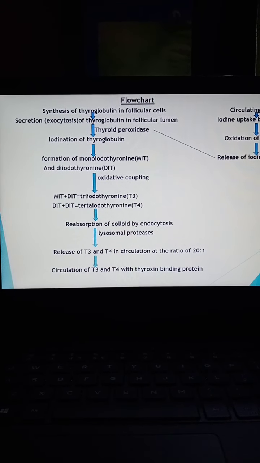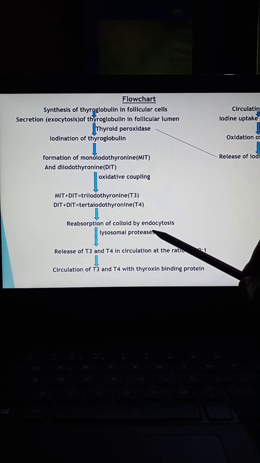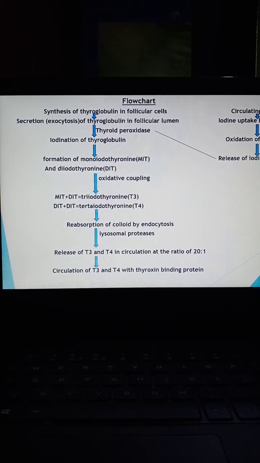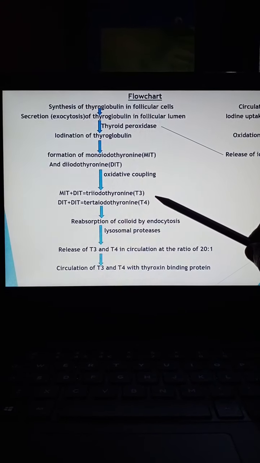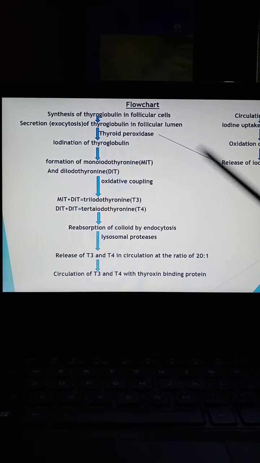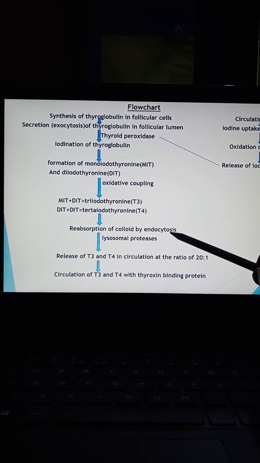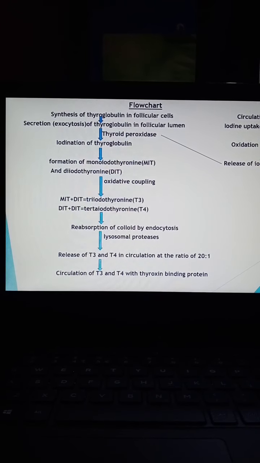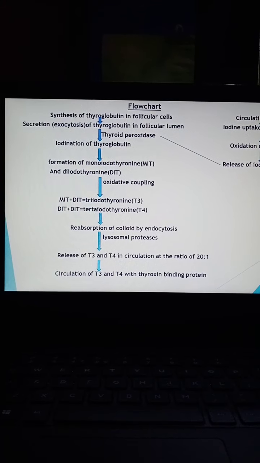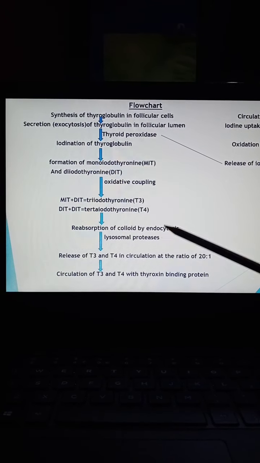After reabsorption, the lysosomal protease enzyme acts upon the T3 and T4, because whatever T3 and T4 is produced in the follicular cavity is in the inactive form. When it is taken up by the follicular cell, it is acted upon by the lysosomal protease enzyme. Then only they become active and ready to be released into the circulation.